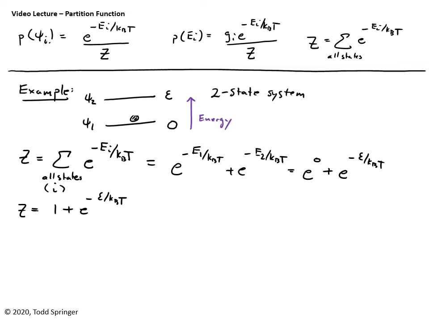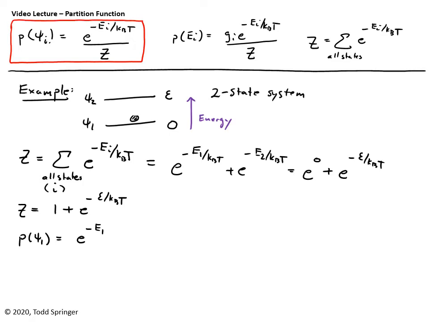Now let's think about the probability that I'm in each of those states. The probability that I'm in psi 1 is e to the minus E1 over kBT divided by Z. Sorry, I'm using this formula. They're the same formula because there's no degeneracy in this case.